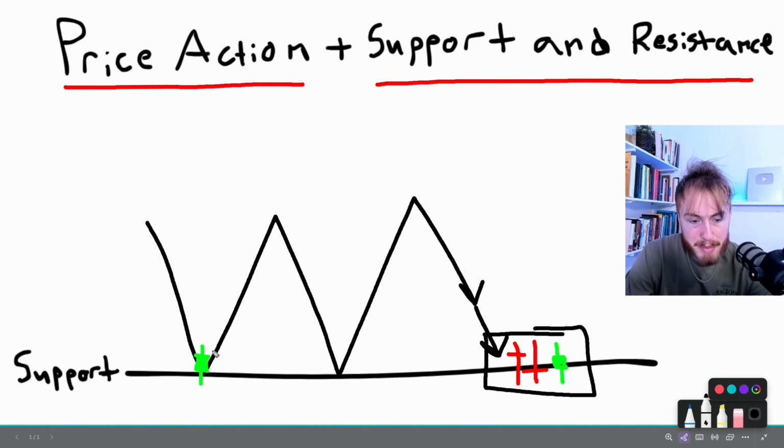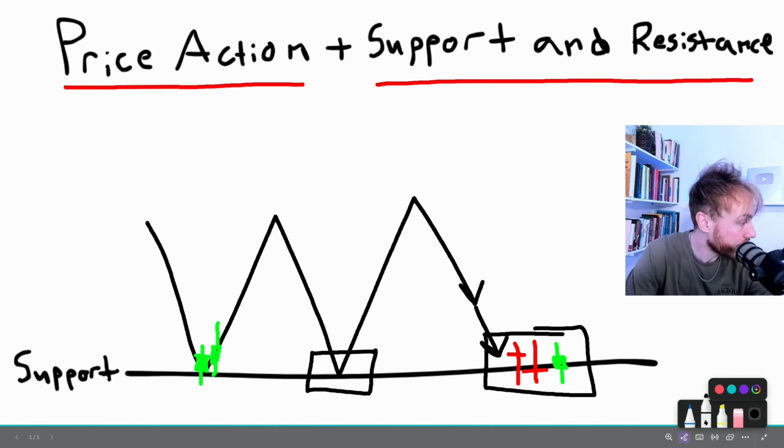And maybe the bounce also didn't have super convincing candles. Maybe it looked something like this. This is not as bullish as the hammer. And maybe next time, during this bounce, we also had a few doji candles and not as convincing candles. This will once again make this support less significant and less likely to succeed.